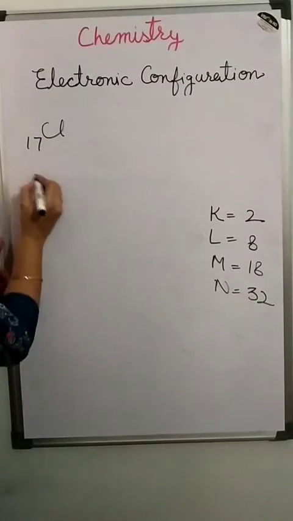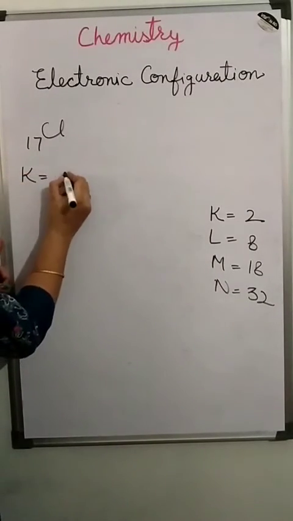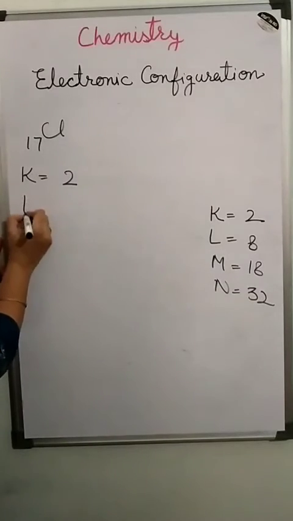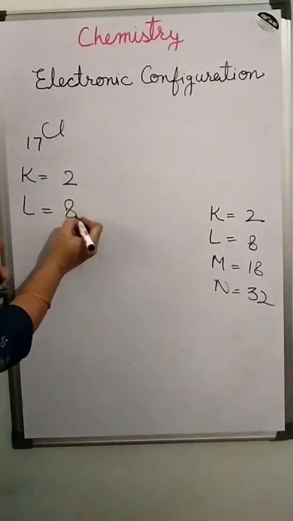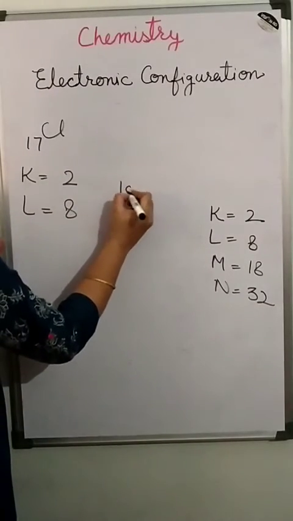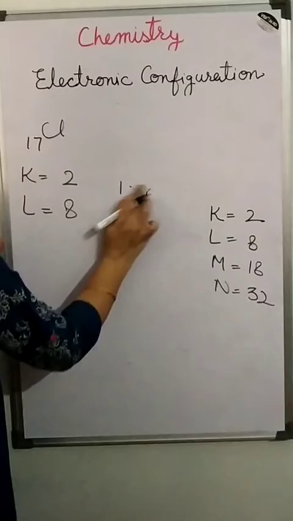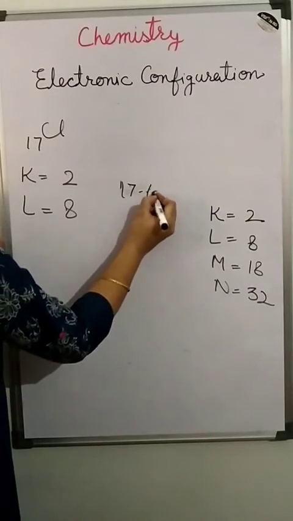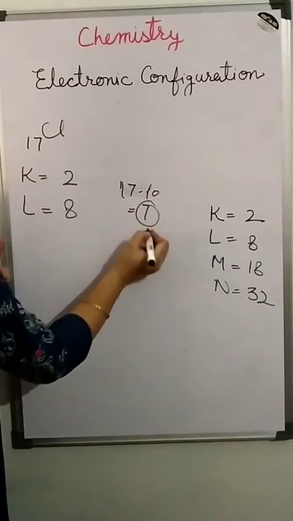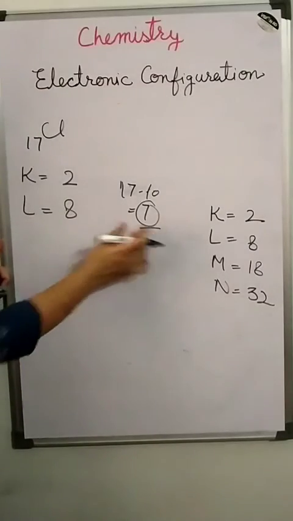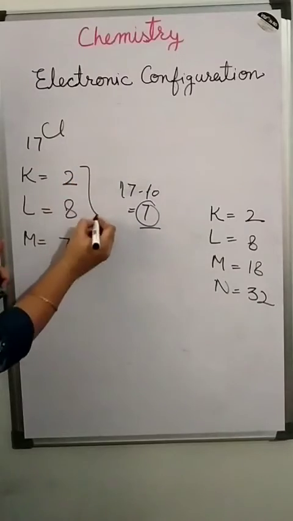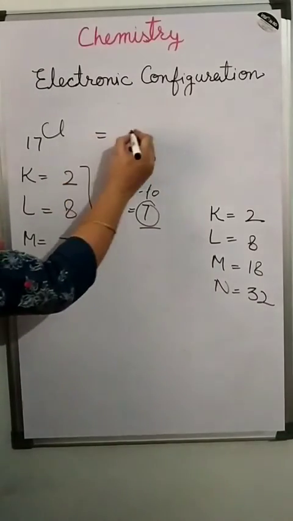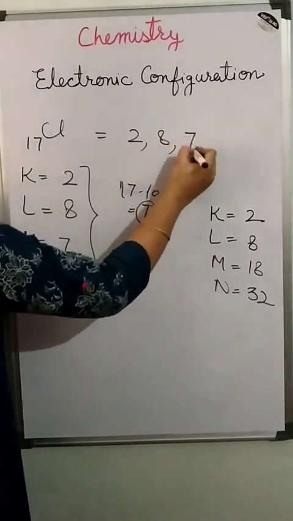The K shell consists of 2 electrons, the L shell consists of 8 electrons, so 2 plus 8 is 10. We have already filled 10, so 17 minus 10 is equal to 7. How many are left? Only 7 are left. So in the M shell we can fill only 7 electrons. So this is the configuration of chlorine, that is 2, 8, 7.